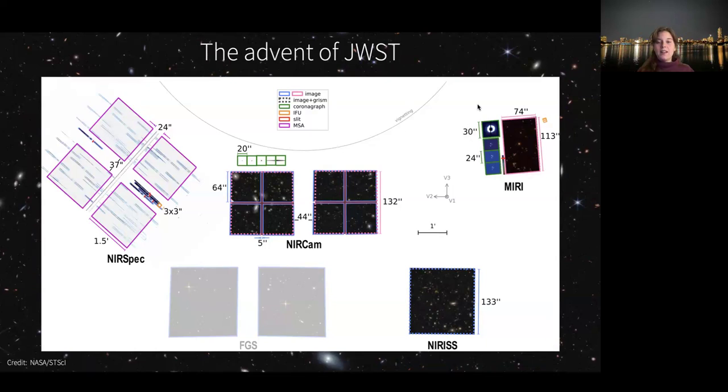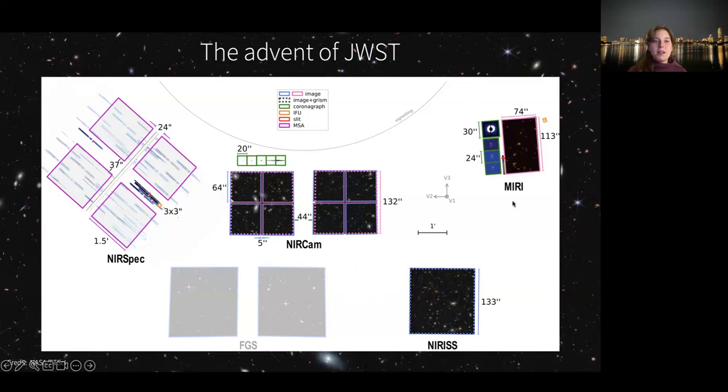It's hosting 4 instruments on board. All the ones that start with "Near" look at the near infrared band, somewhere between 1 micron and 5 microns: NIRSpec, NIRCam, NIRISS, and I'll talk about each of them.